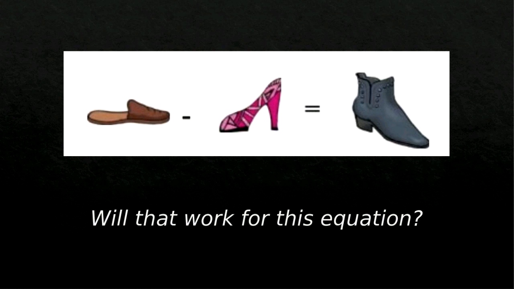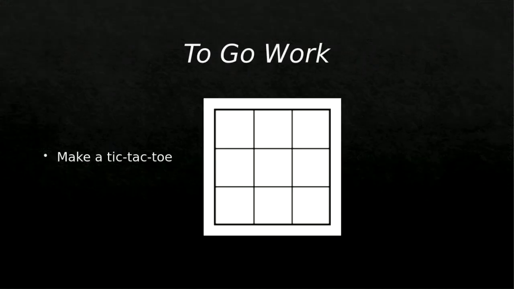So here's what you need to do. You need to make kind of like a tic-tac-toe. If you make a tic-tac-toe and then fill it in, you'll have this 3 by 3 grid. So go ahead and make a tic-tac-toe and then fill it in so that you have a box that looks like the box on the screen.